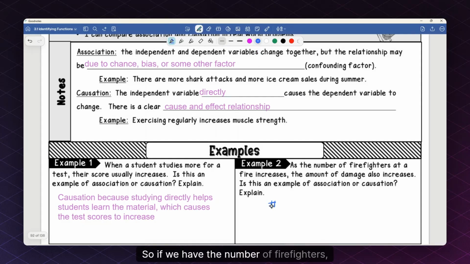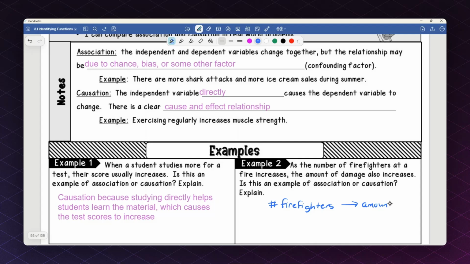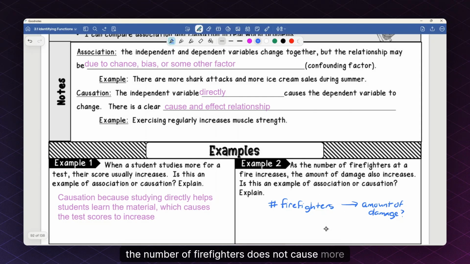So if we have the number of firefighters, does this directly cause the amount of damage? And the answer is no. The number of firefighters does not cause more damage. So this would be an example of association.